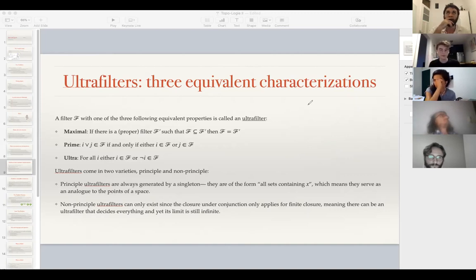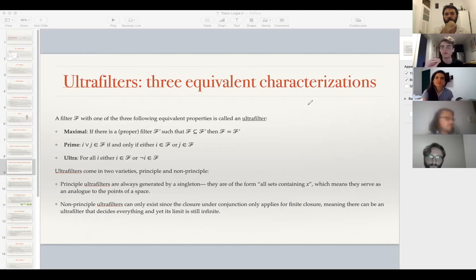Whereas with the non-principal ultrafilter, even though for finite subsets of that space you can find a predicate, when you ask about the common property of all of it, you don't necessarily have one. It's impredicative. So this is the way in which it's like an infinite singularity, and it's never going to reduce simply to a point of the space.